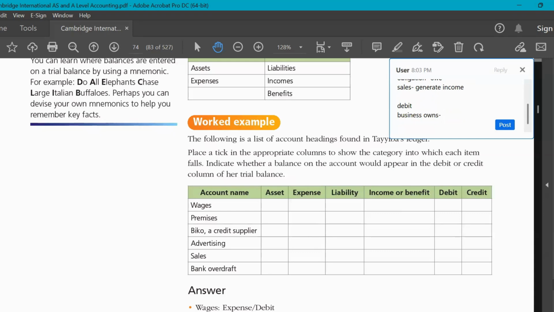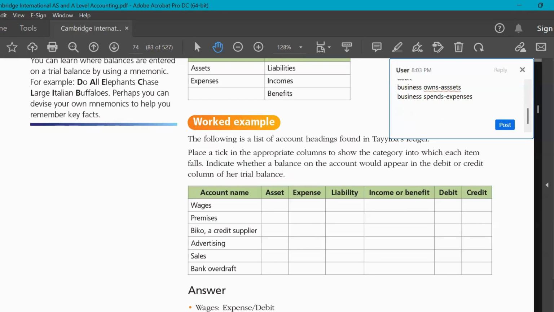When it means the business owns, it means the assets. And then you also have what the business spends. Every time the business spends something, automatically, it's what we call the expenses.